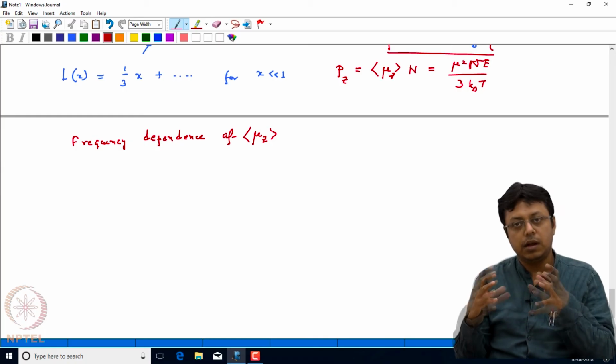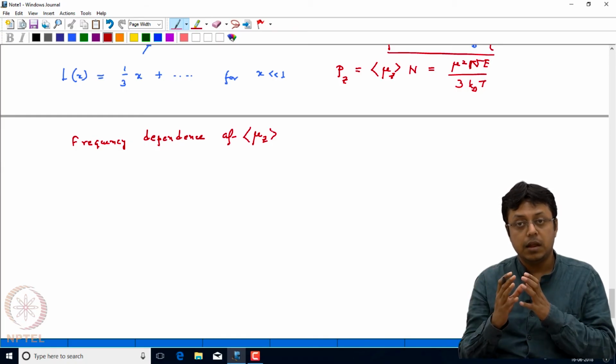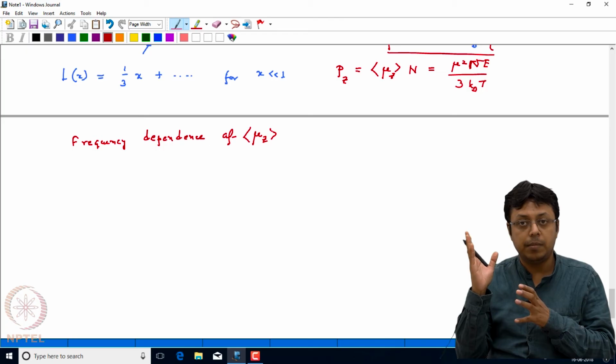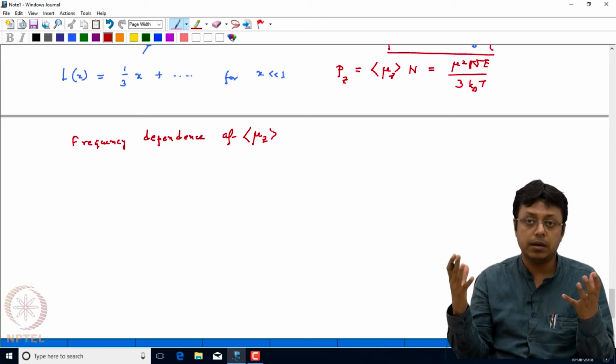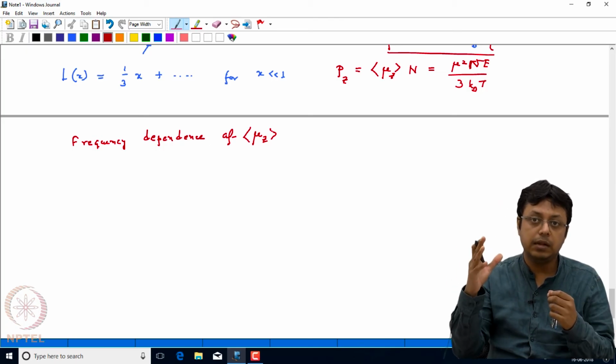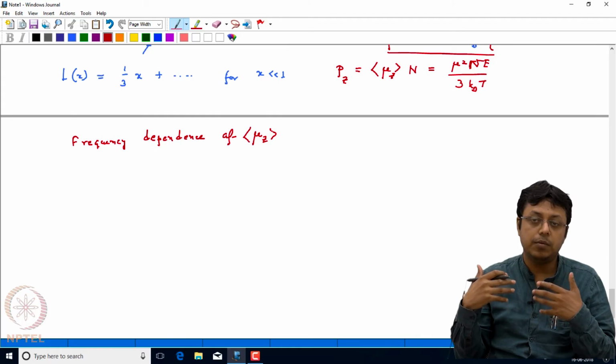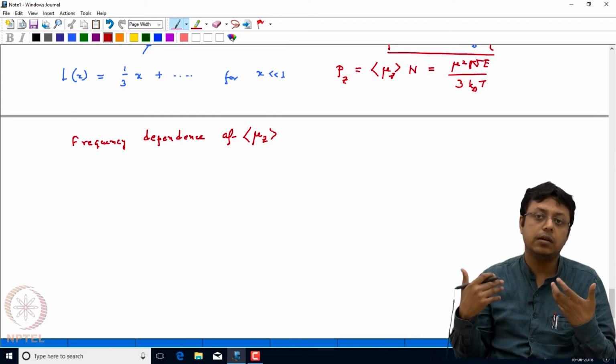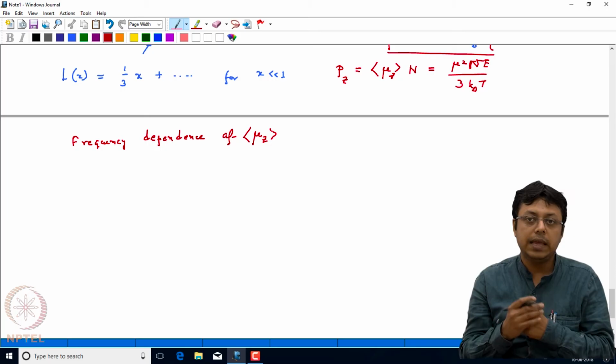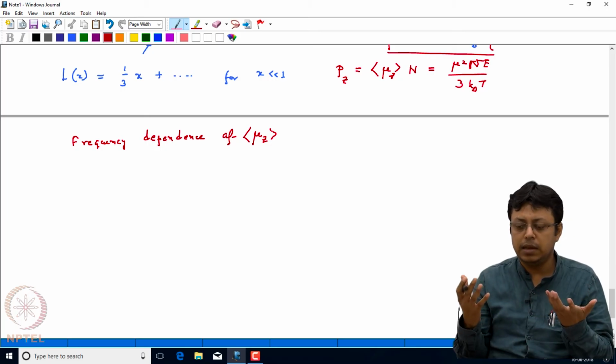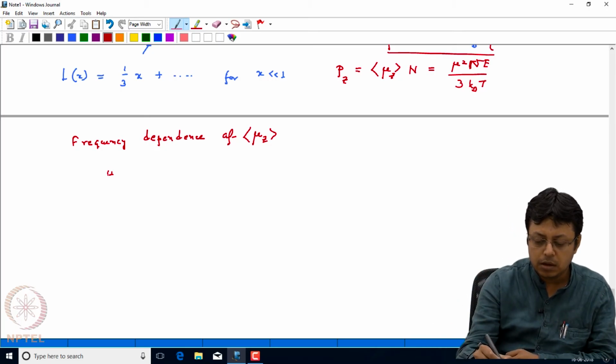Think about how the dipole moment is created. I have a collection of permanent dipole moments, and when I apply the field, if the polarizability is low or the electric field is not too high, then we can ignore the induced dipole moment. So, basically all the mu is the mu permanent.